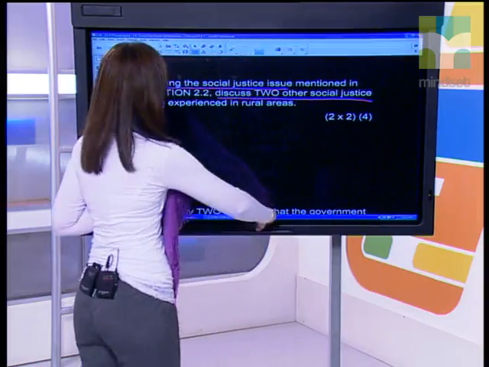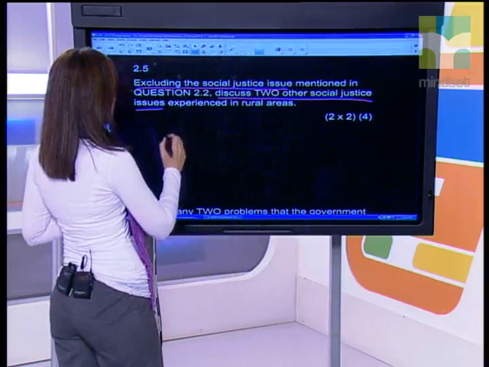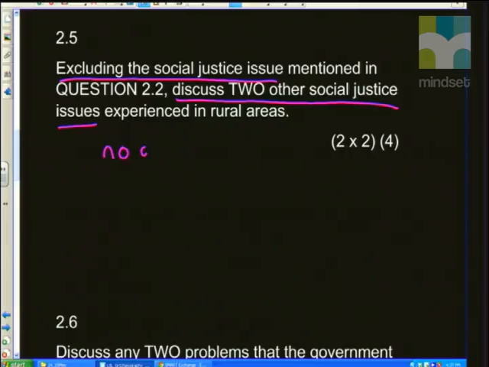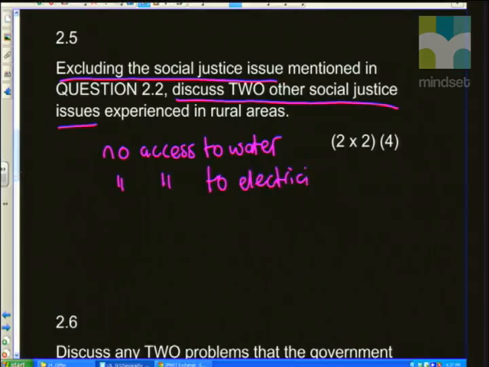Let's write a few things down. All right, so firstly, they had no access or limited access to water. They also had no access or limited access to things like electricity. They probably had a lack of service delivery, like hospitals and schools.